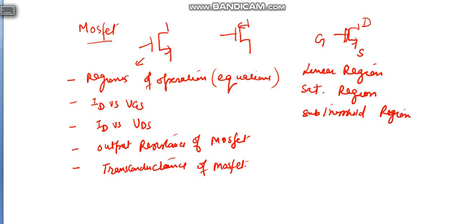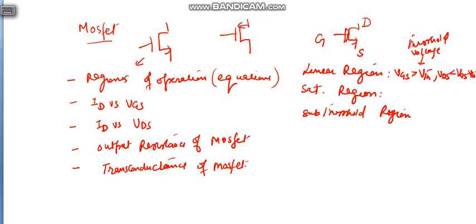So linear region is basically when VGS is greater than VTH. VTH is basically threshold voltage, and VDS is less than VGS minus VTH.